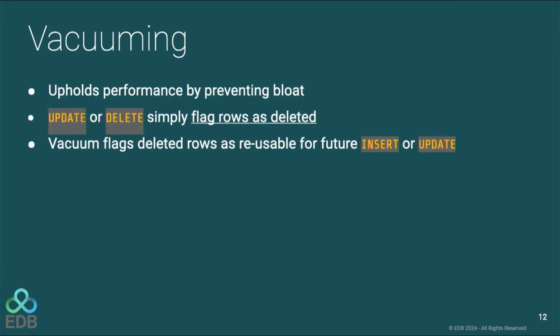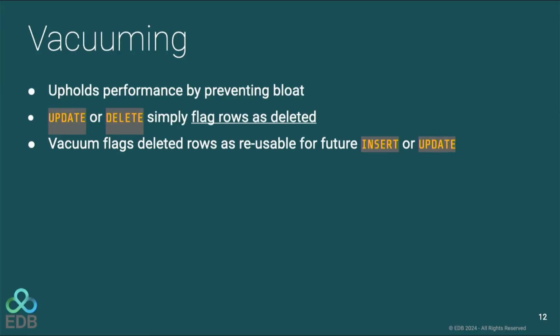This is because in Postgres, when a row is updated or deleted, it's not actually removed from the disk. It's actually flagged as invisible. So we can't see those rows anymore. What vacuum does is it takes those invisible rows and says, "Hey, you can reuse these again."